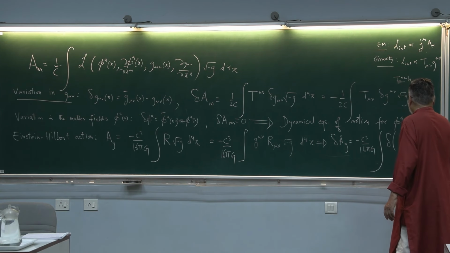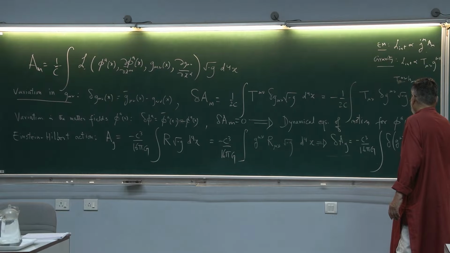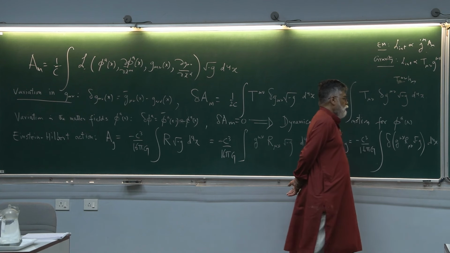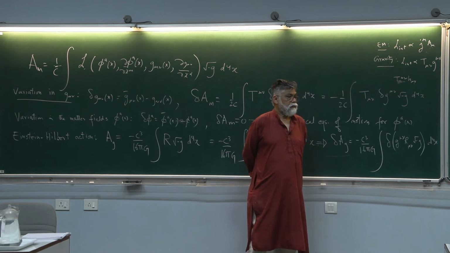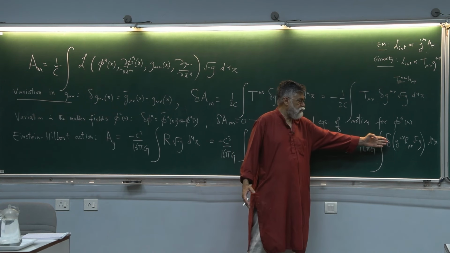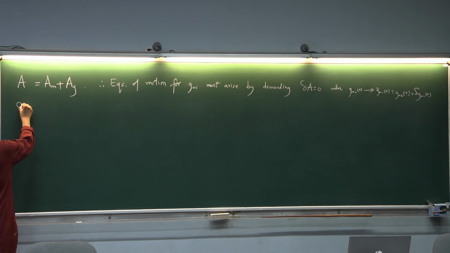Delta of this, wherever G mu nu appears. So delta of, Leibniz rule appears here too.